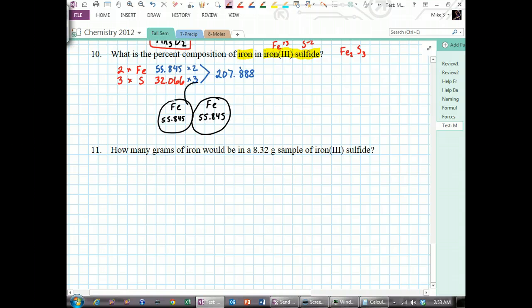And the 3 sulfurs only weigh 32.066, so there's 3 of them. It's a small sulfur. And you're trying to find what's the percentage mass of the iron compared to the whole compound.